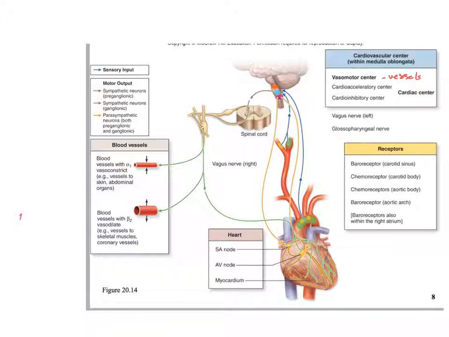And smooth muscle helps control the diameter of the vessel, the lumen size. So the vasomotor center is going to help control vasoconstriction and vasodilation, which changes what? In terms of regulating blood pressure, what does the vasomotor center help control? Again, remember, what is blood pressure? Cardiac output times peripheral resistance.